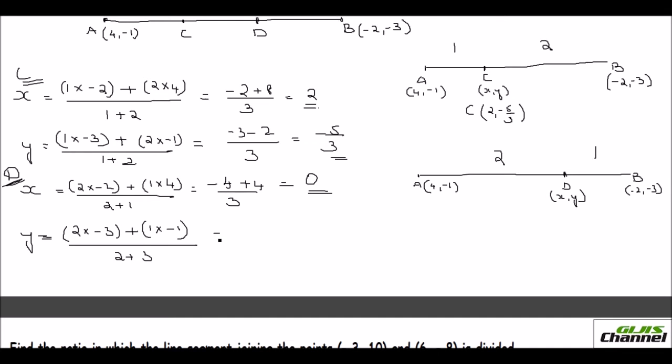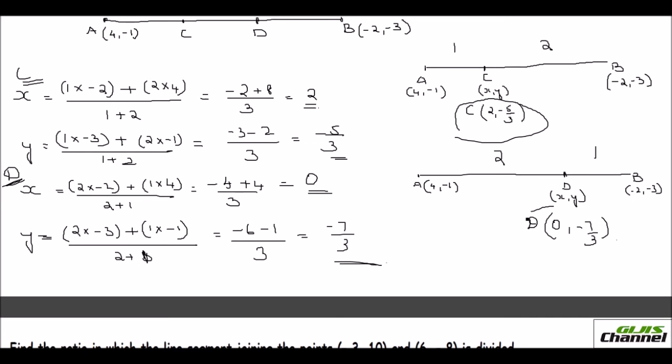So that is going to be (-6 minus 1) over 3, which is -7 over 3. So your D value is (0, -7/3). Isn't that easy? That's all. So you got your C as well as D here.